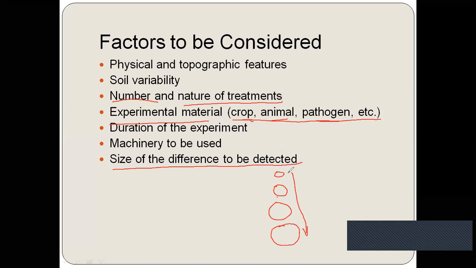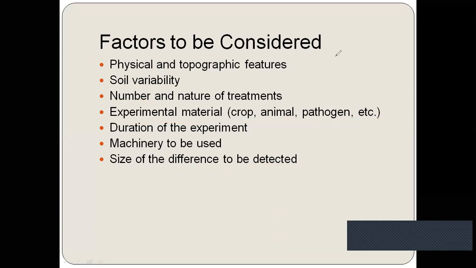Here we need less effort, here a little more effort, here further high effort, and here high effort. That is how we need to plan the experimental stages. Different efforts have to be there when you do the experiment.